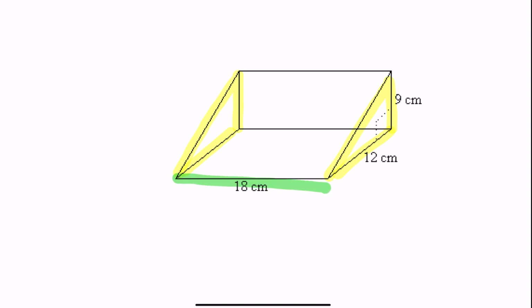This little segment is our height. Okay, it's 18. So this is a prism because the two faces are parallel and congruent to each other, separated by the height. And we call this a triangular prism because the base of the figure is a triangle.